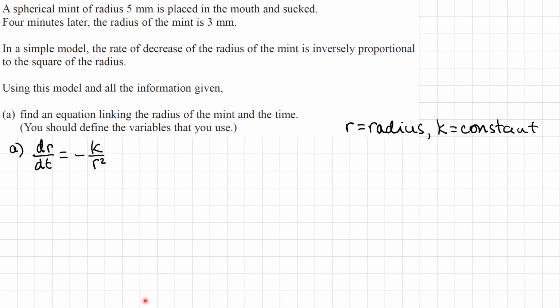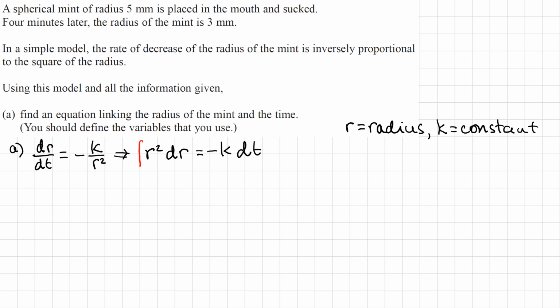Now we need to turn this into an equation which is r equals something. To do that, we need to first of all find a general solution to this differential equation, and we do that by using a separation of variables. So we're going to put all the r terms on one side, so I'll have r squared dr, times both sides by r squared, is equal to, I'll leave the negative k where it is, and then times both sides by dt.